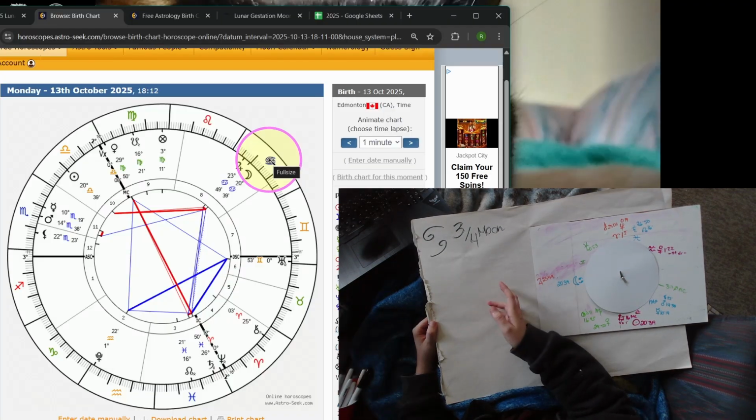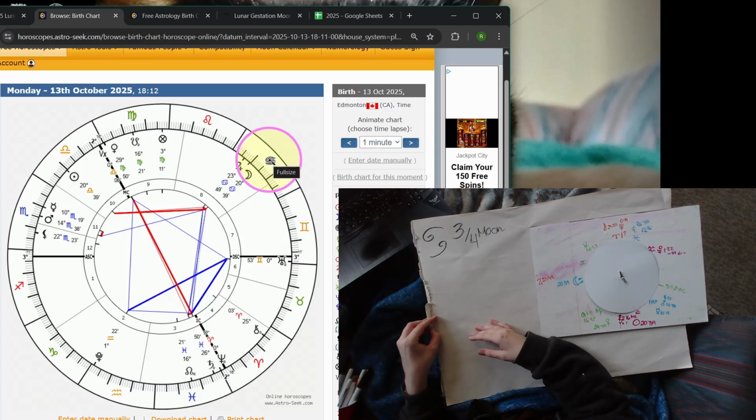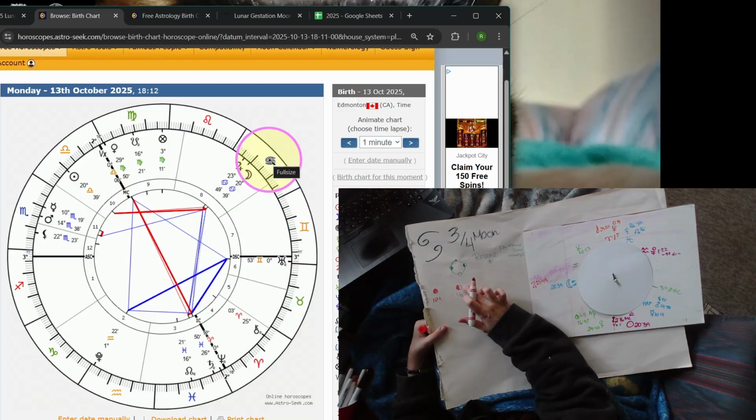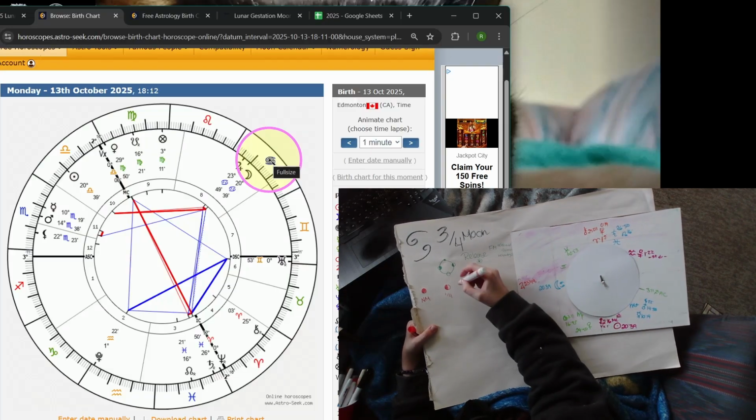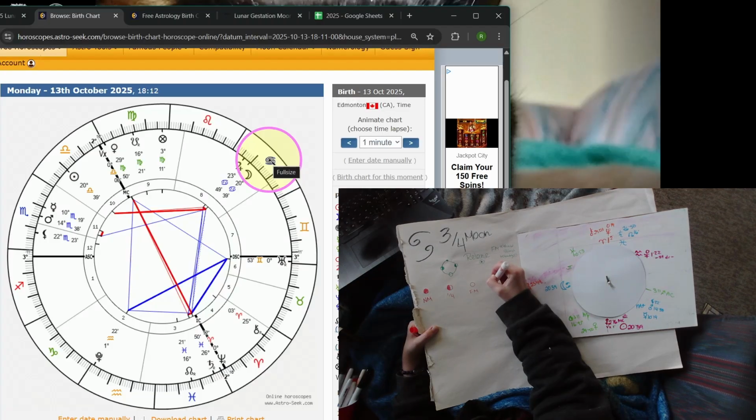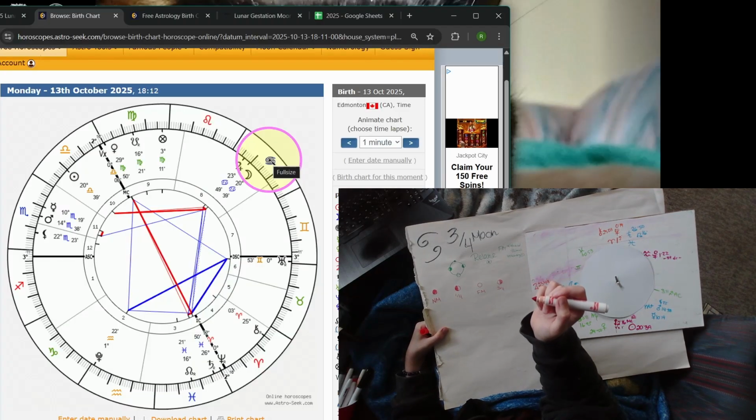So I'm going to go over how I've dealt with the moon in a few different layers. New moon, first quarter, if you're in the southern hemisphere, that's going to be flipped. Full moon, third quarter.